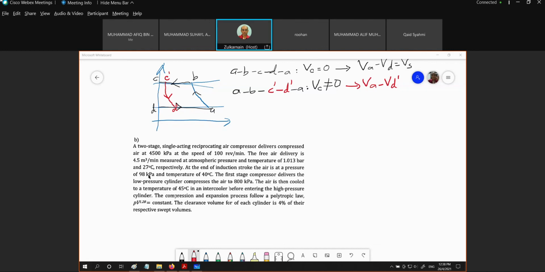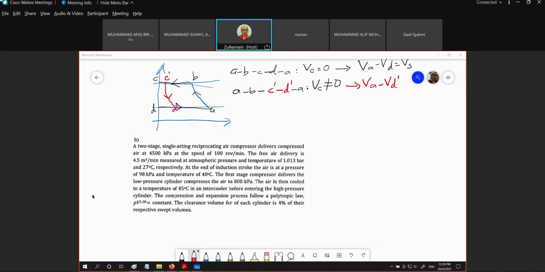The compression and expansion process follow a polytropic law, PV^1.28 equal to constant. The clearance volume for each cylinder is 4% of their respective swept volume.